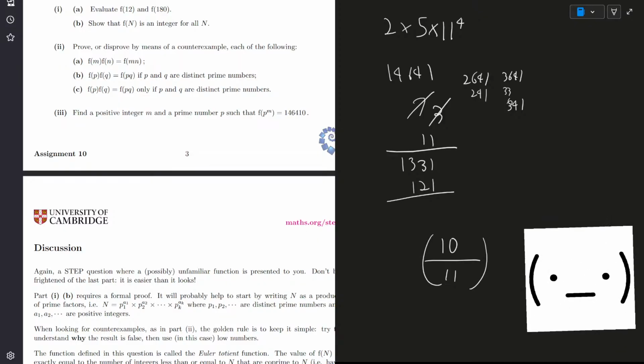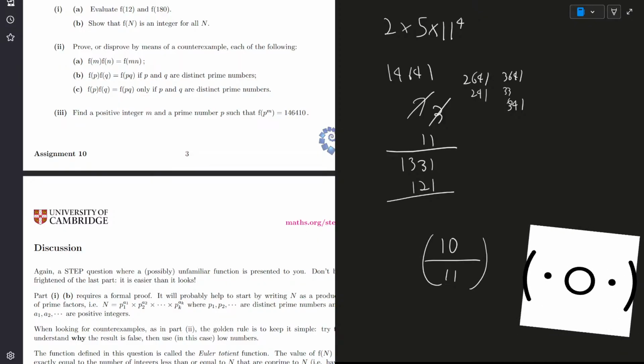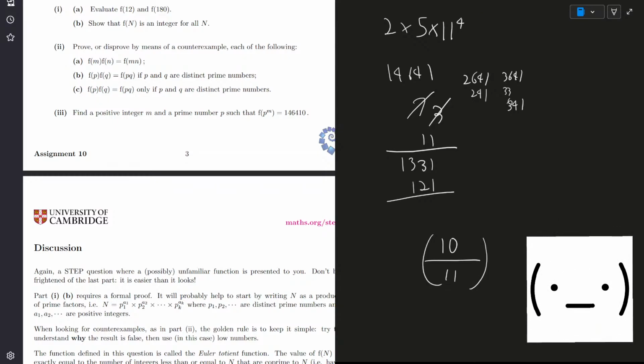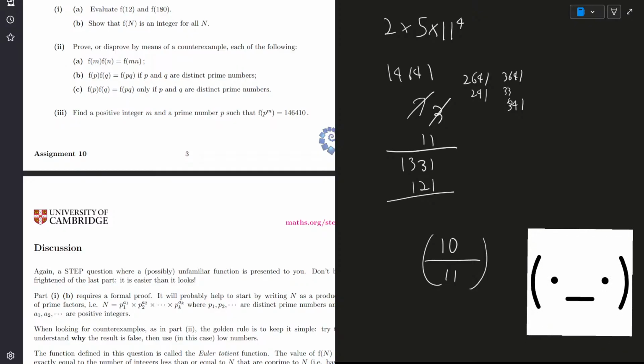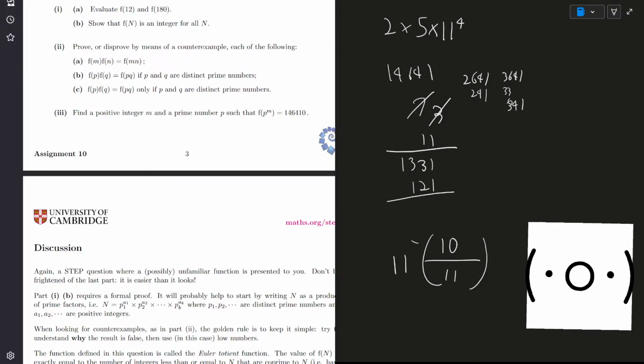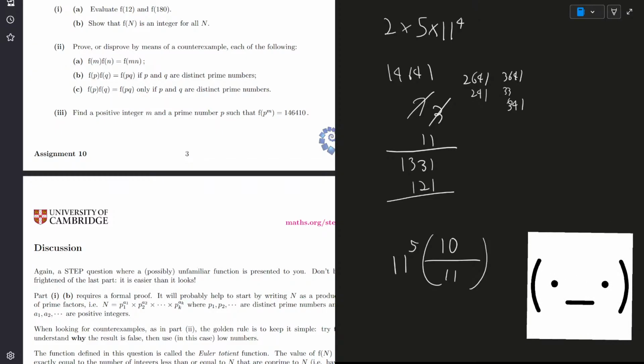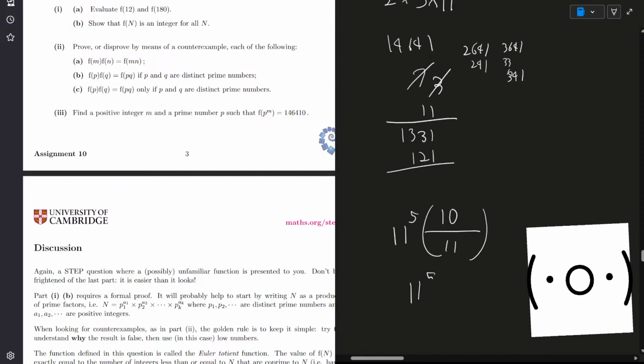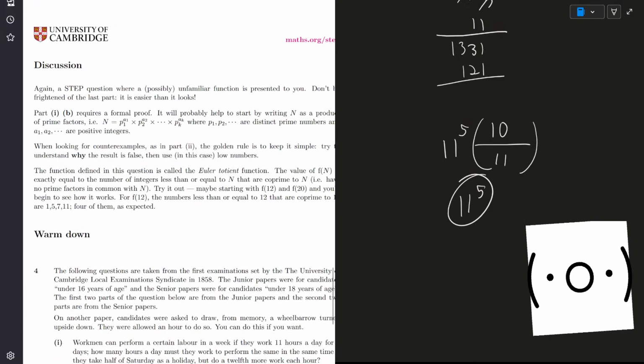So you could have one part of it be like this. That's how you get the 10. And then you could just have it be 11 here. Make it 11 to the power 5. Oh wait, that's it. The answer is 11 to the power 5. Okay, that was easy.